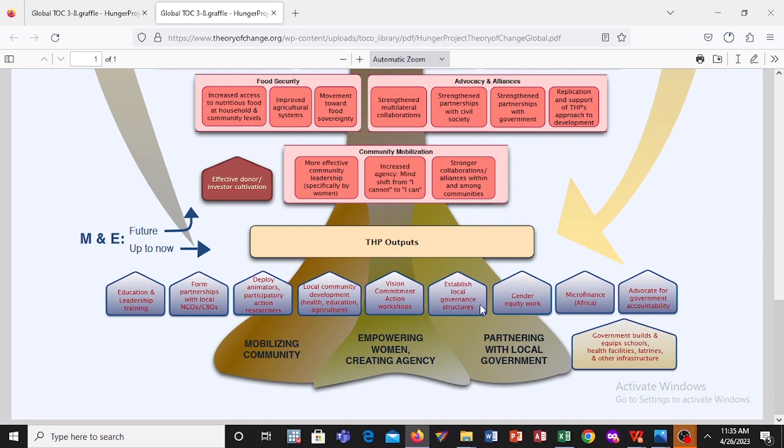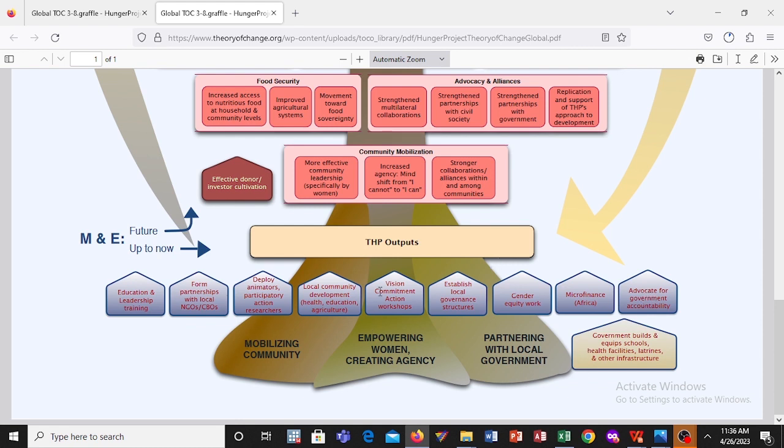Establish local governance structures, gender equity work. We're going to do microfinancing in Africa, and then advocate for government accountability. That is, government builds and equips schools with health facilities, latrines, and other structures. It will build us our impact over a sustainable society free from hunger and poverty.